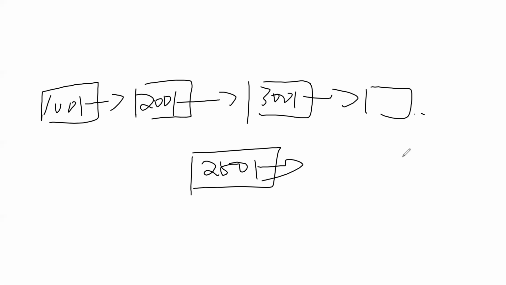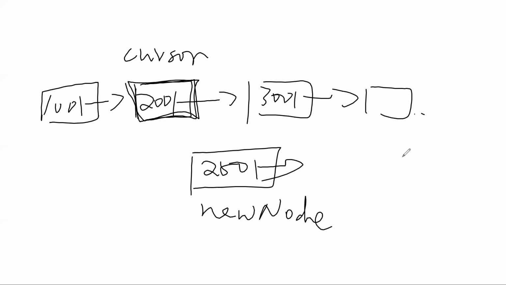Basically in this case, the first thing is you need to identify that you're going to insert after 200, this specific node. Suppose you found it. This is called cursor. After we found it, then we need to get this. So this is our new node. You created it. This is case 3. So it's insert in the middle.